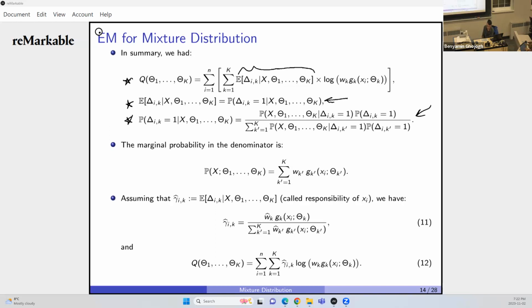Now, the marginal probability in the denominator is this. So let's see. Yes. This in the denominator is actually this, right?